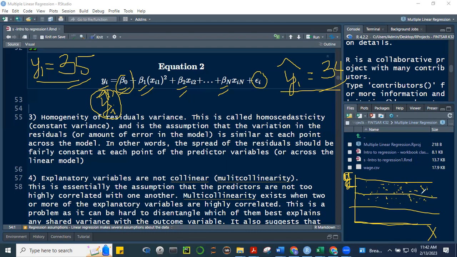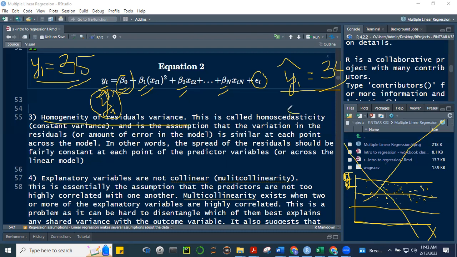And also it has constant variance. When we say constant variance, it does not go out of this band. It does not behave like this. It's not going up, and it's not going down. That's what we mean by homogeneity of the residual variance.